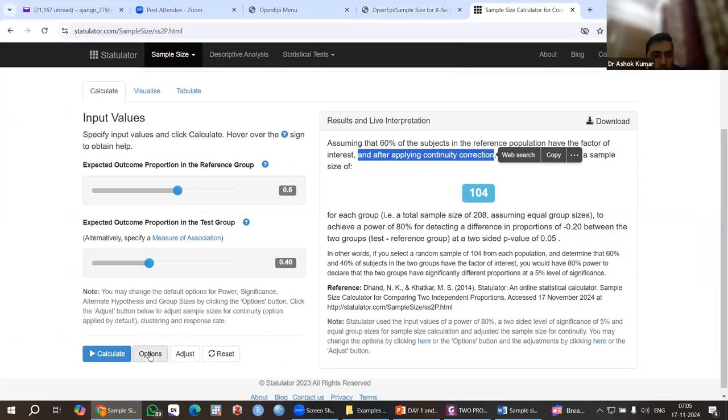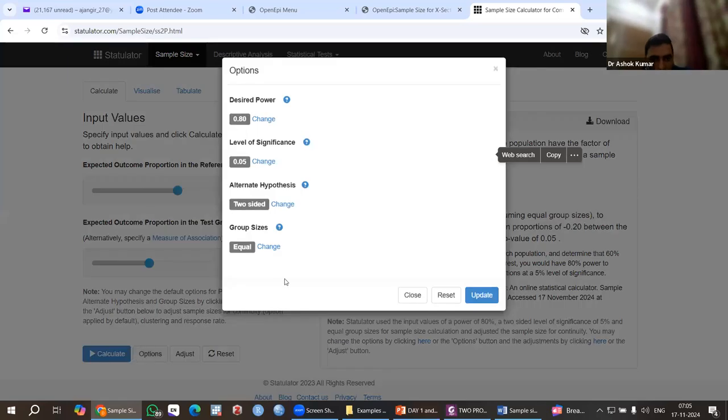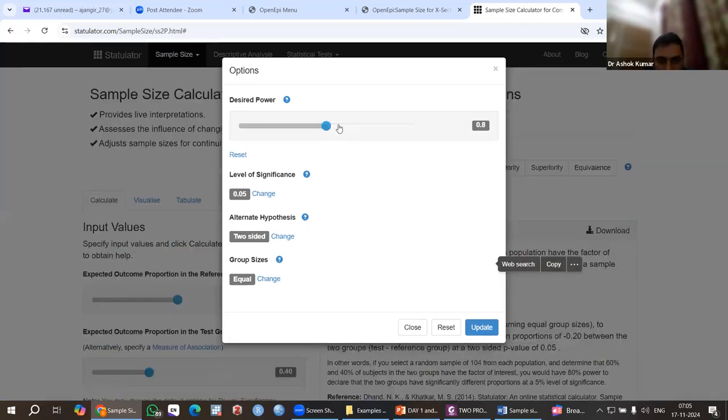Then I have to click option. When we click option, power is 80%. If I want to change it to 90%, I have to click this, then drag till 90. But I don't want this, so click close.